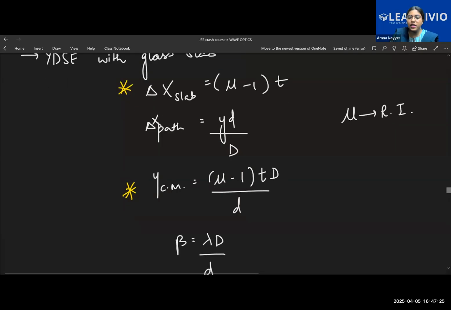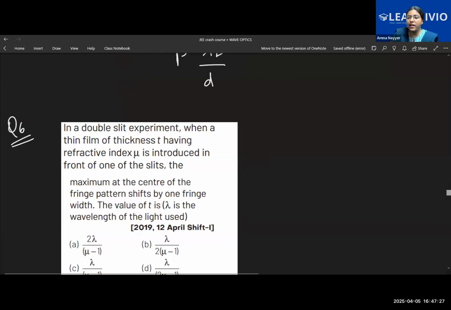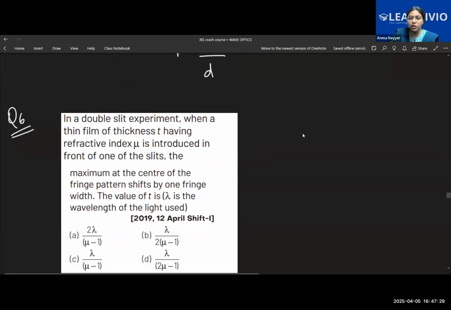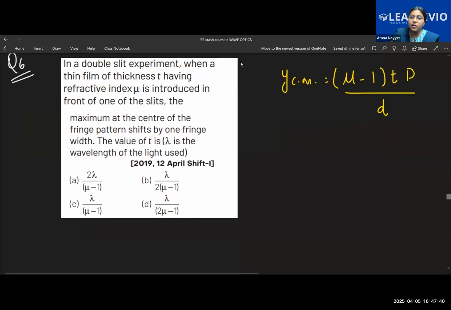See, what is your Y_CM equal to? Your Y_CM is equal to (mu minus 1) t capital D by small d. And what is your beta equal to? Beta will remain the same, remember, lambda capital D by small d. This won't change.